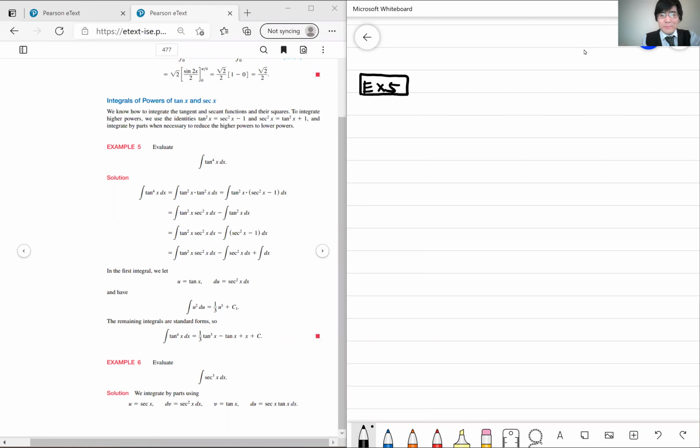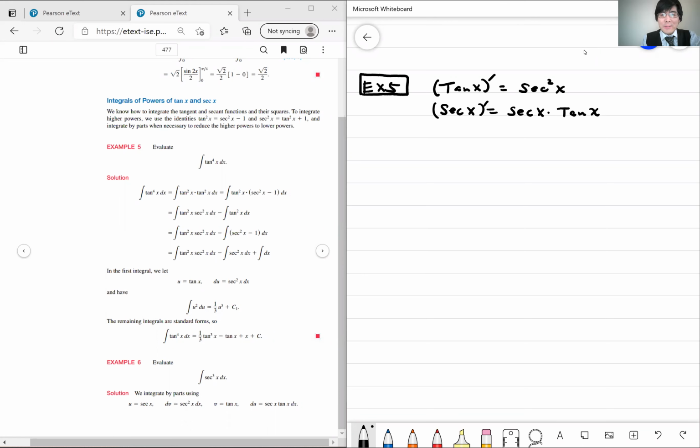So here's some review, just a review. Derivative of the tangent function is equal to secant square. Derivative of the secant x is equal to secant x times tangent x.